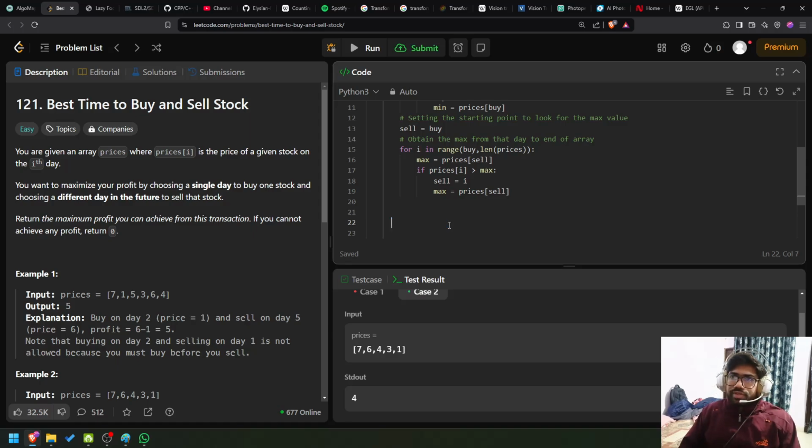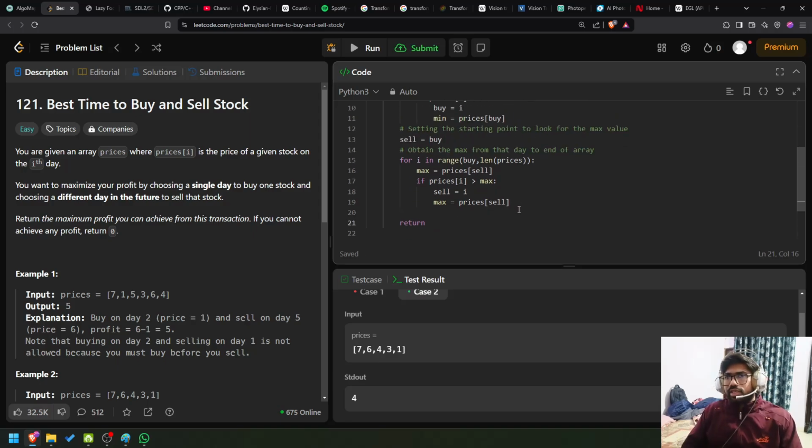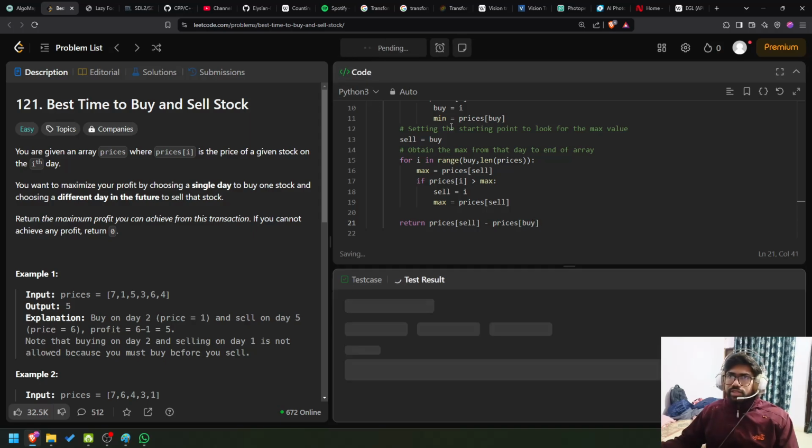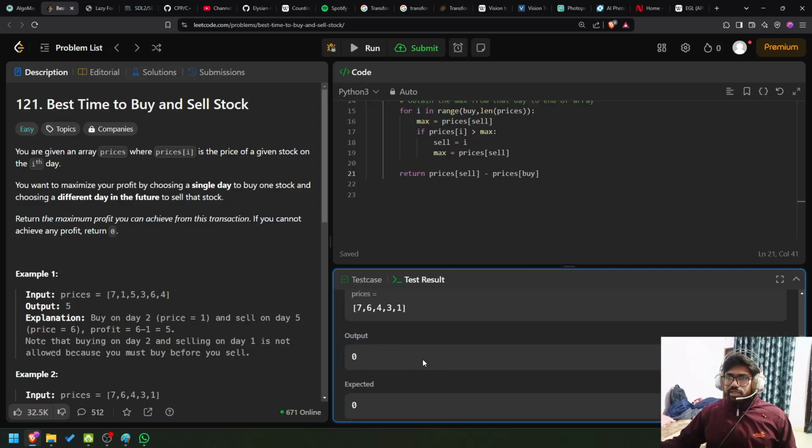Then what we do is we simply don't return 0. We will return prices of sell minus prices of buy, and this should work. Set buy and sell, nice.